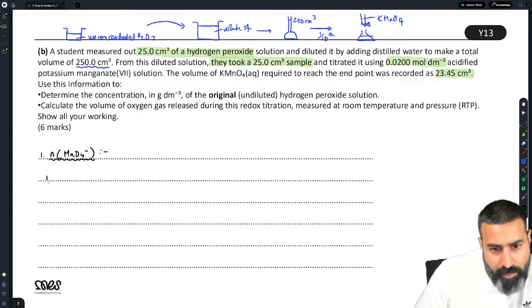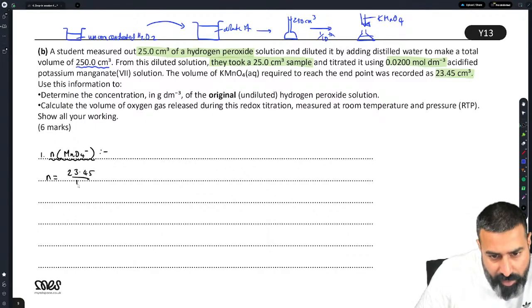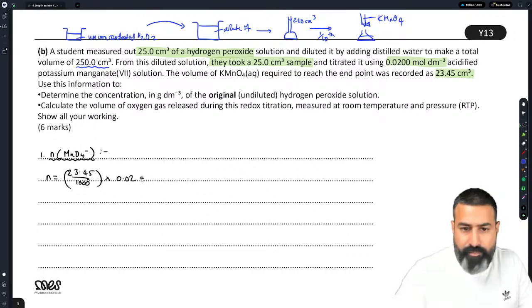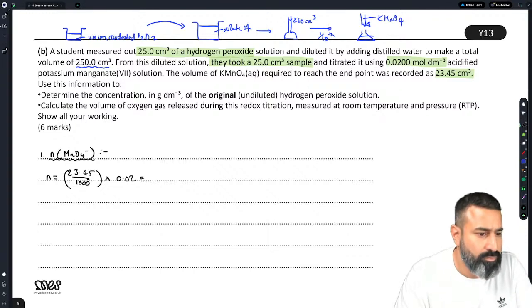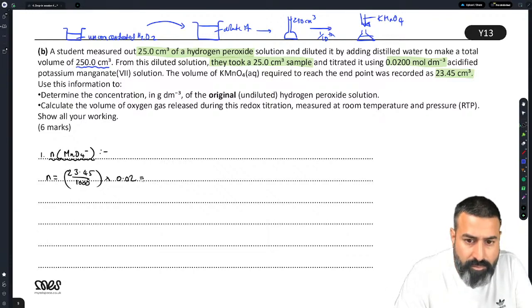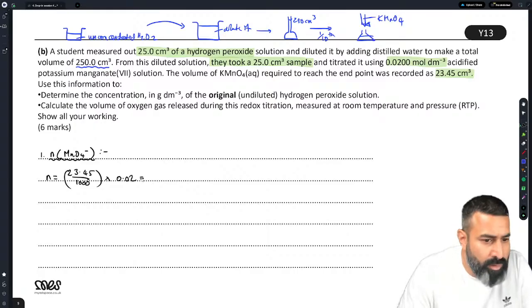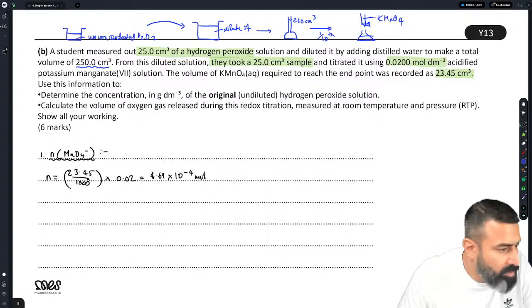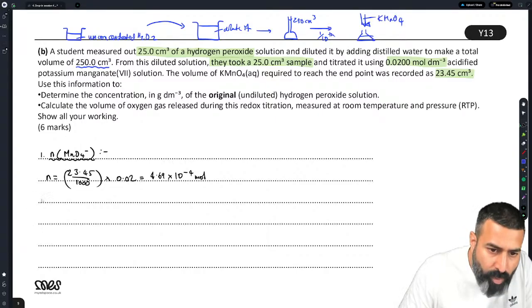Okay, so the number of moles are going to be the volume, which is 23.45 over 1,000 multiplied by 0.02. What do we get, guys? Do we get 4.69? Cool.